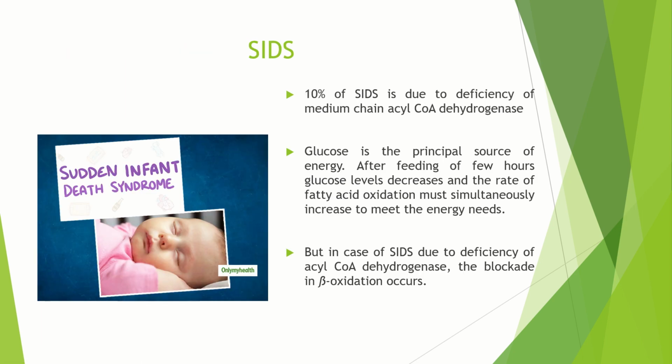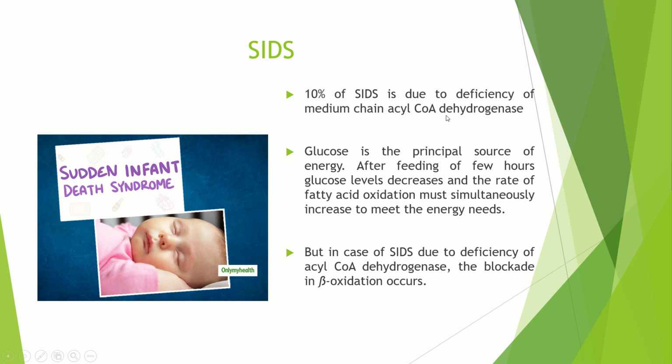Another disorder which I would like to talk about here is sudden infant death syndrome. The exact cause of sudden infant death syndrome is not known, but 10% of SIDS is due to the deficiency of medium chain acyl CoA dehydrogenase.